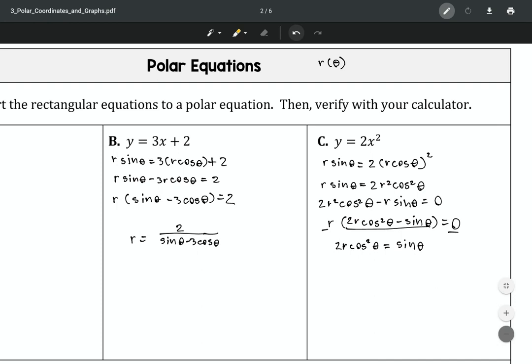So r is equal to sine theta over 2 cosine squared theta. All right.